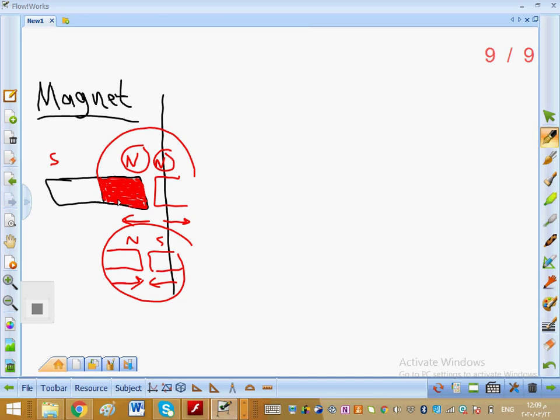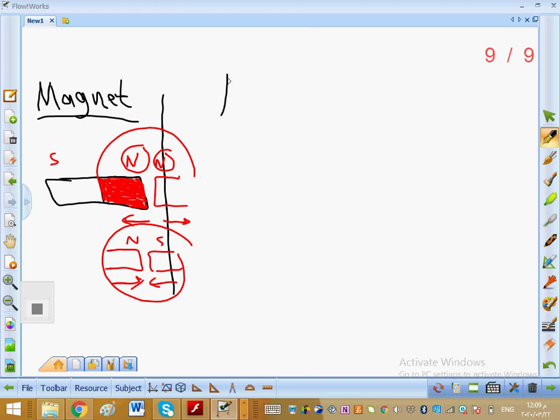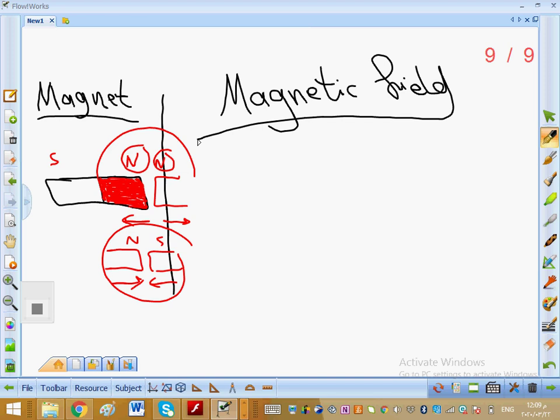Then magnetic field. You don't need to put the nail here to be attracted to this magnet. Maybe from here it will be attracted. Why?